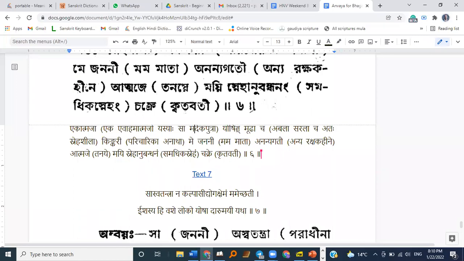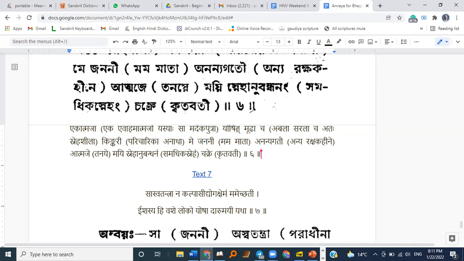Anatha, she didn't have any shelter. I think it means looks like Narad Muni in his previous birth didn't have a father. His father maybe left his body soon. Looks like that. So that's why the mother was herself arranging for things, and Narad Muni was there only with her.